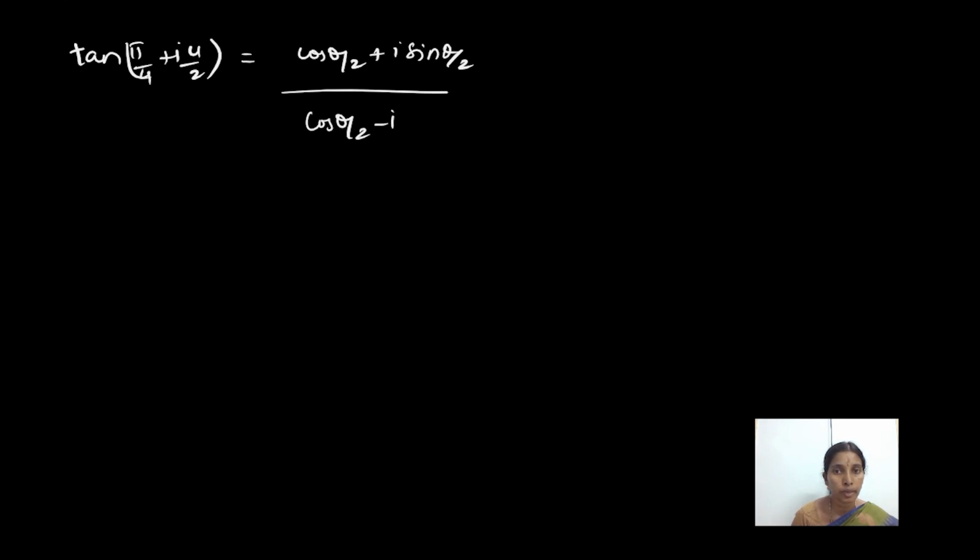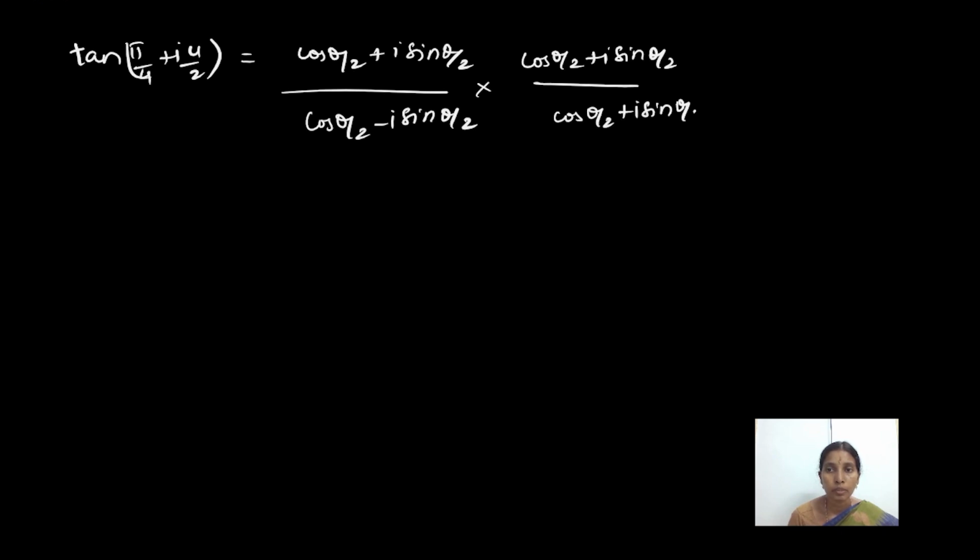Tan of pi by 4 plus i u by 2 is equal to cos theta by 2 plus i sin theta by 2 divided by cos theta by 2 minus i sin theta by 2. Take the conjugate of cos theta by 2 minus i sin theta by 2. So cos theta by 2 plus i sin theta by 2 divided by cos theta by 2 plus i sin theta by 2.